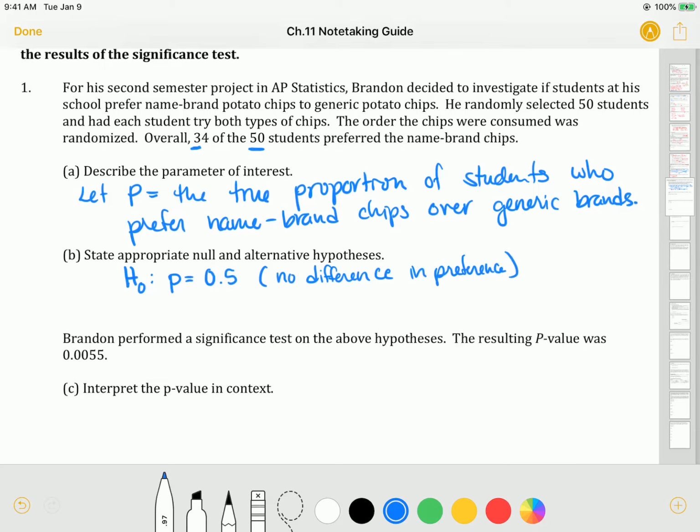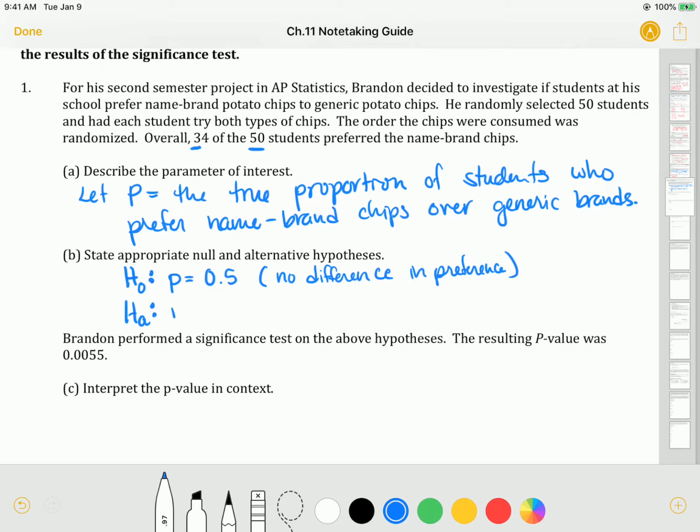Okay? Now our alternative is we want to decide, are there more kids that like name brand? Are there more kids that like the generic brand? I suppose on this one, if we were hesitant, we could go with a two-sided alternative hypothesis.